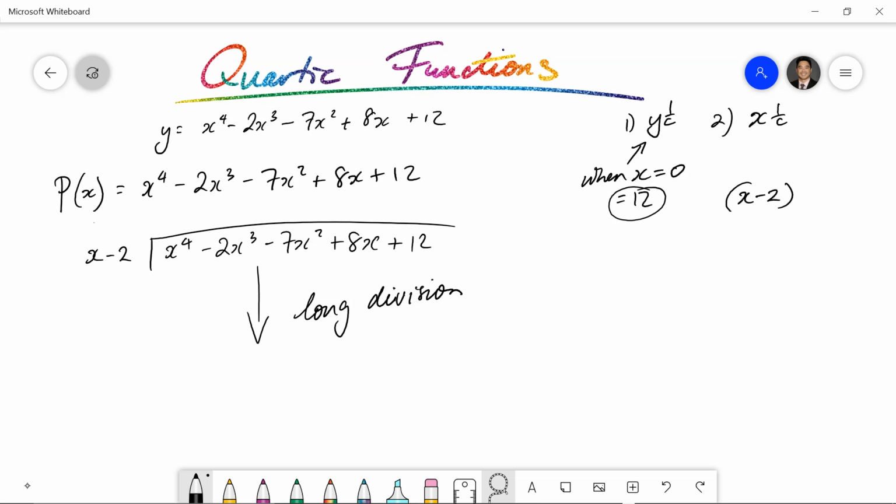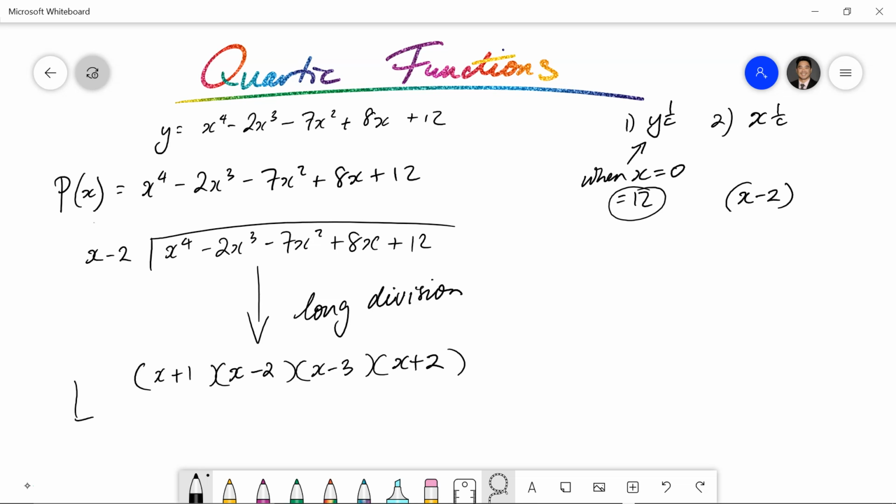Okay, so you'll be breaking it down from quartic to cubic to quadratic to linear, and you'll end up getting your four factors in brackets, which in this case will look like x plus 1, x minus 2, x minus 3, and then x plus 2.